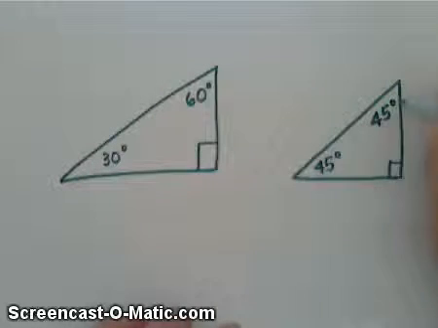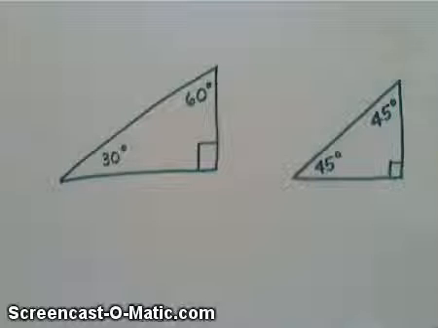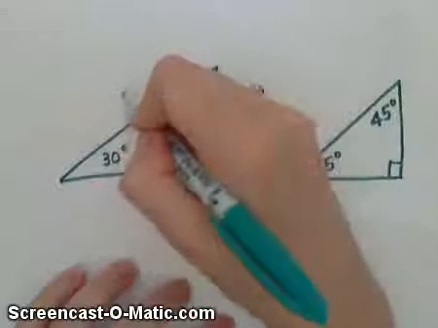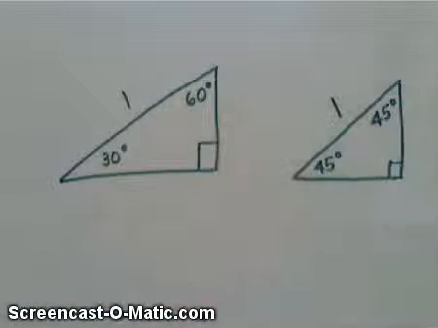Now, as you remember, there were certain patterns that you could remember about these lengths of sides. To make this work on the unit circle, we're going to let the hypotenuse of both of these be 1.